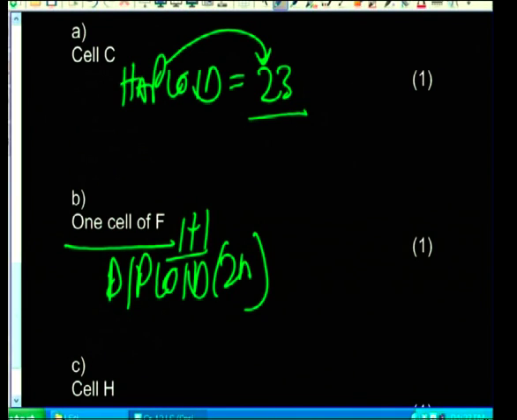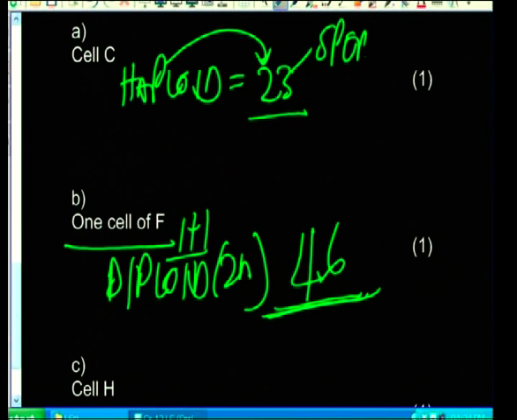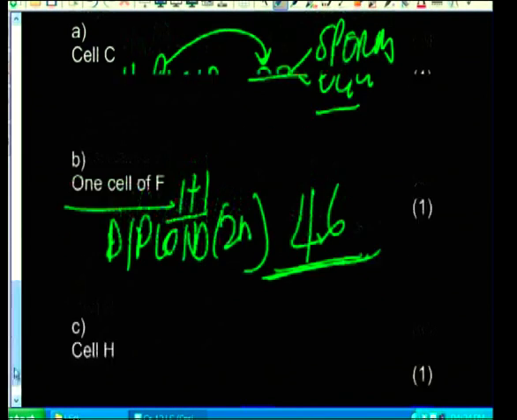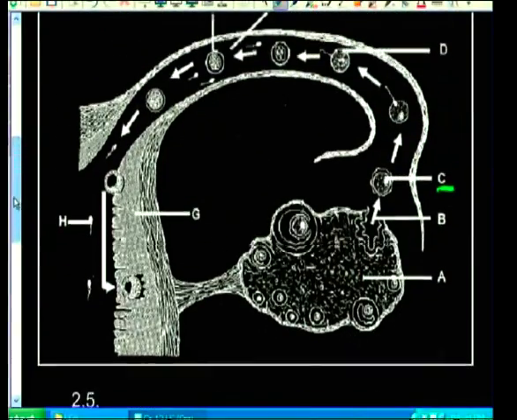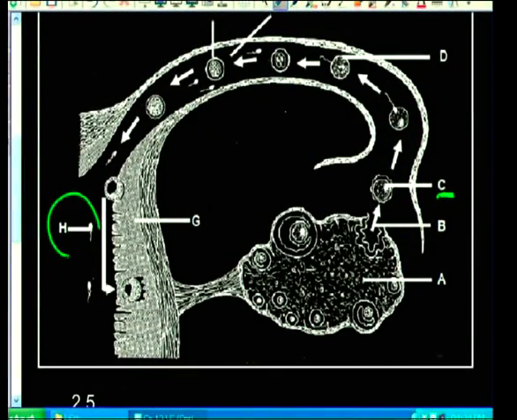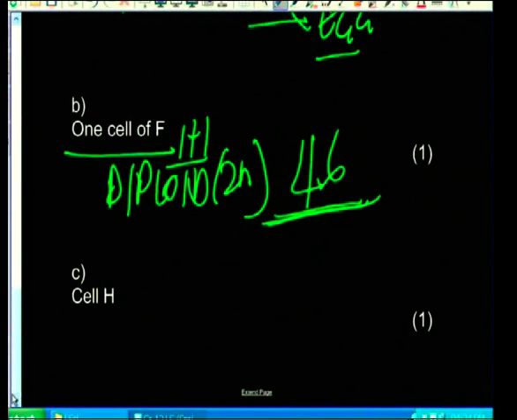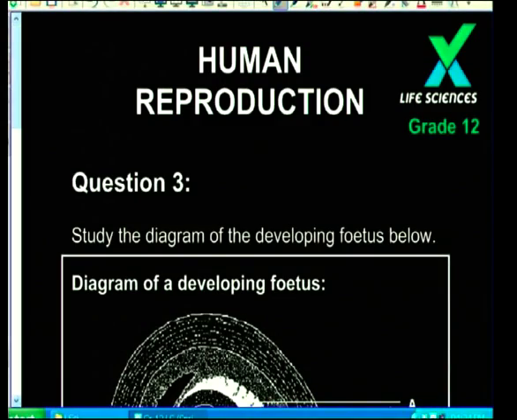But the number of chromosomes is 46. That is the full complement in our body. This is half in a sperm and in the egg. Cell H is a sperm again, and there we've already said that should be 23. Okay, that covers us with that question.